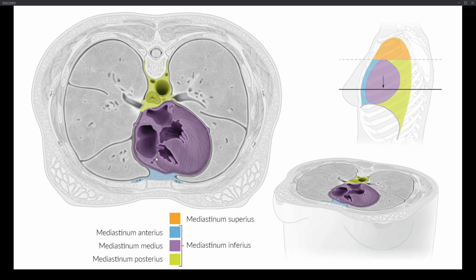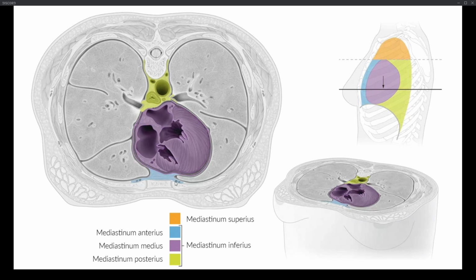which you can see over here. So here we have the posterius, with the aorta, the esophagus, vena azygos and hemiazygos, and here we have the heart, and here we have the mediastinum anterius, where not really much is located.